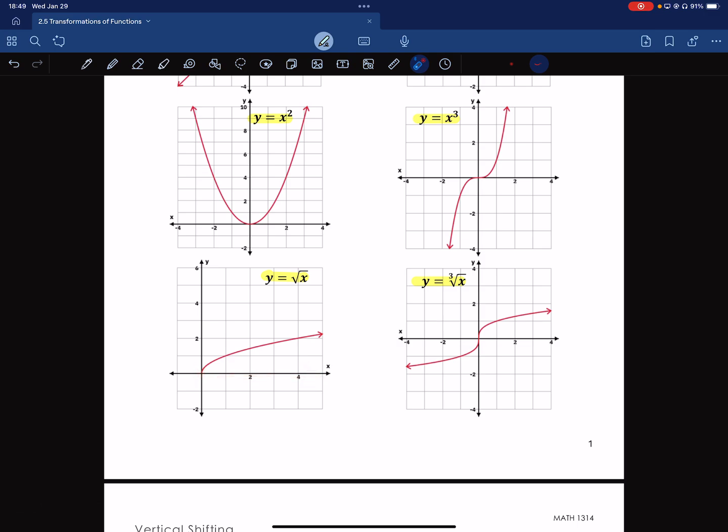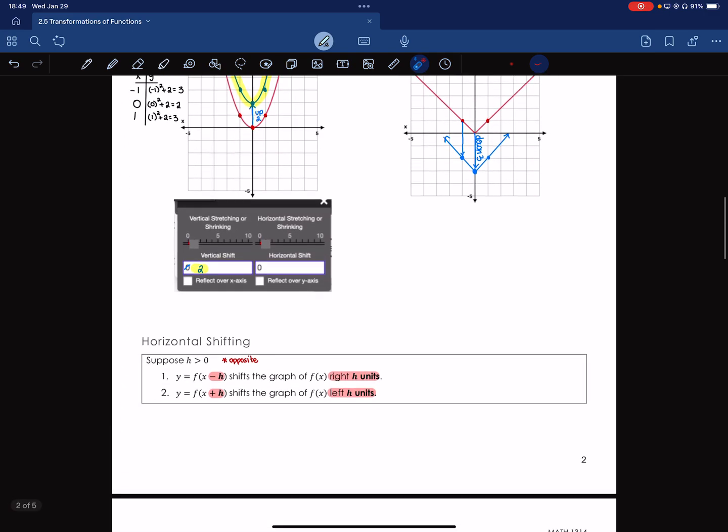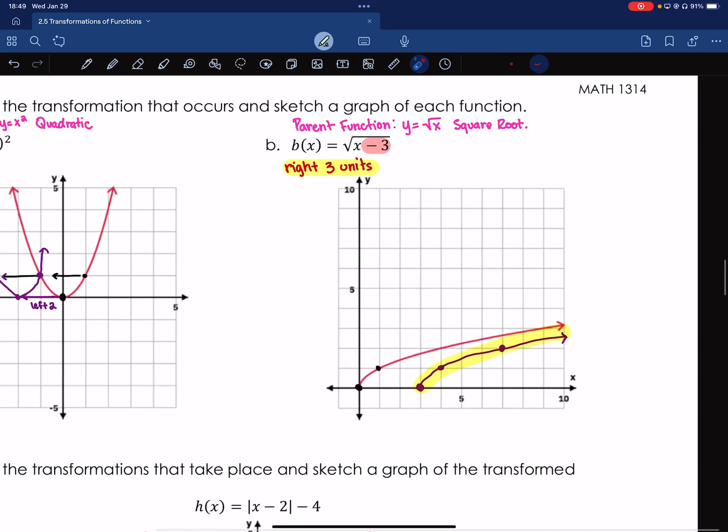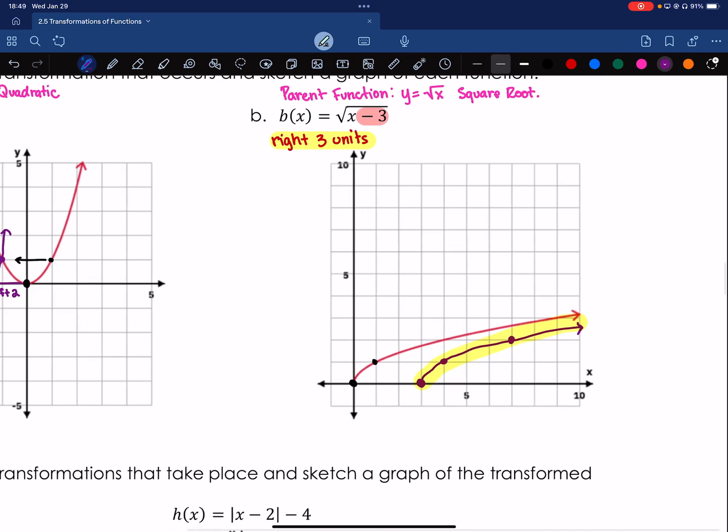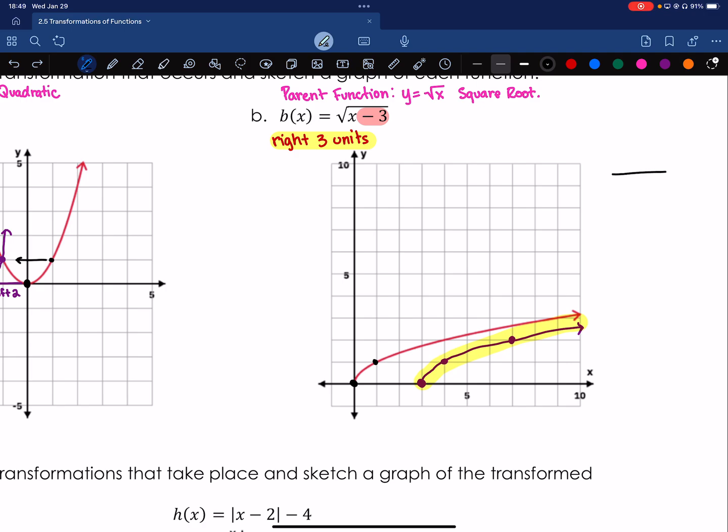So since we moved it to the right 3, if I were to make a table, okay, and this may be some trial and error stuff. If you plug in a number and it's not going to turn out to be a pretty number, then I wouldn't stress about it and I'd move on to the next one.